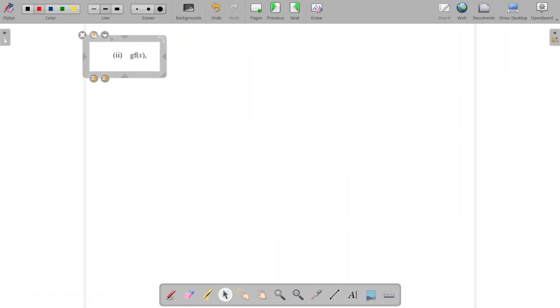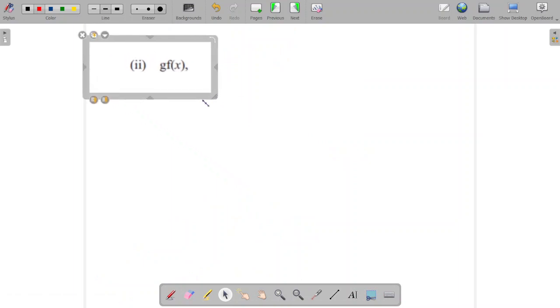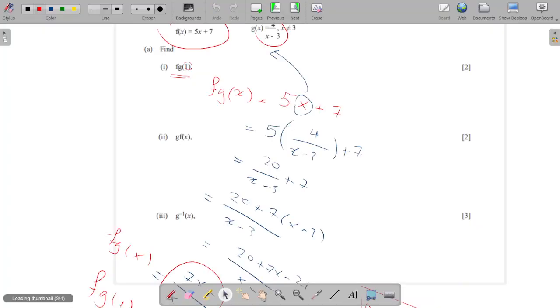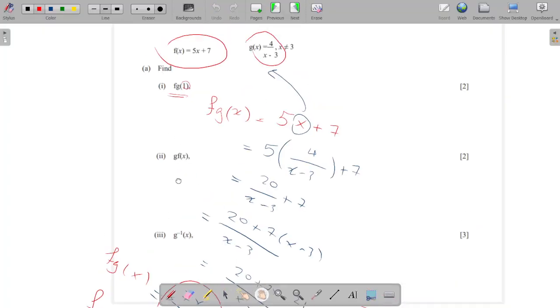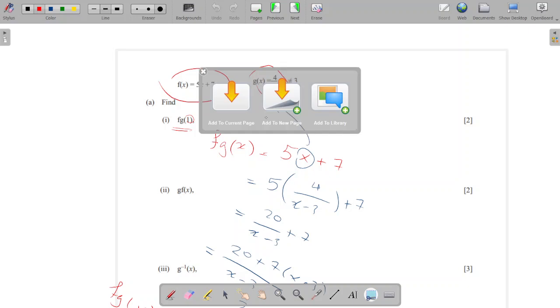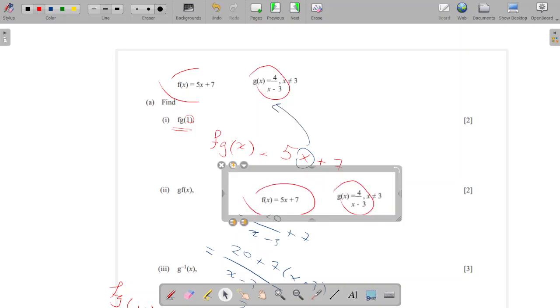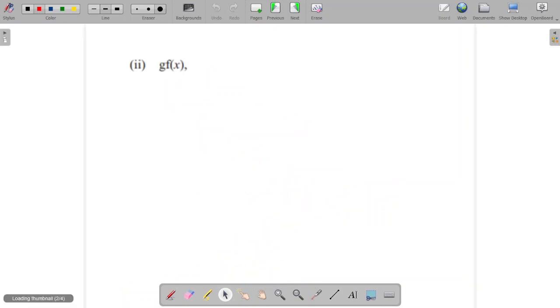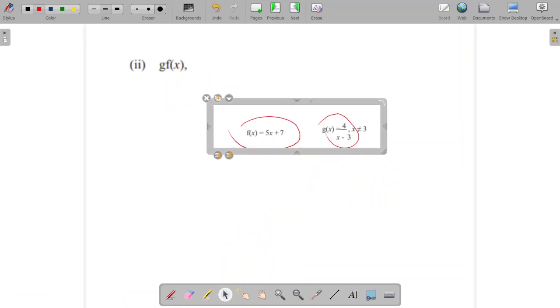So we want the gf(x) now, the other composite function. So we're going to bring the important information related to the problem. I'm going to take this with me to put it in the other page, so we can solve this gf(x).